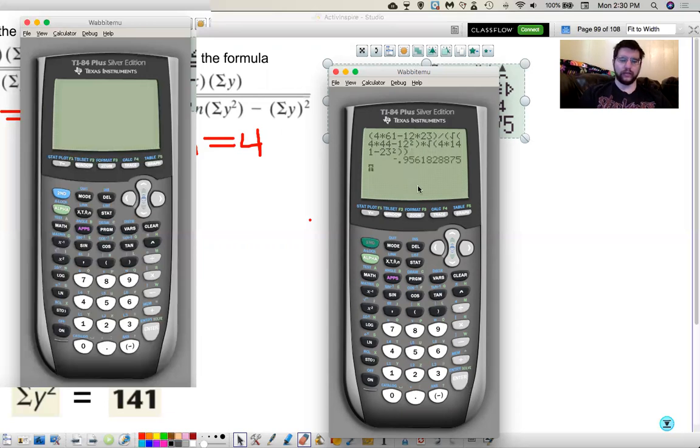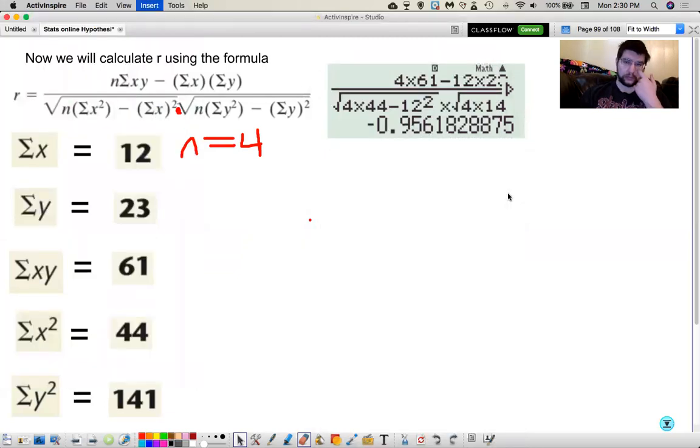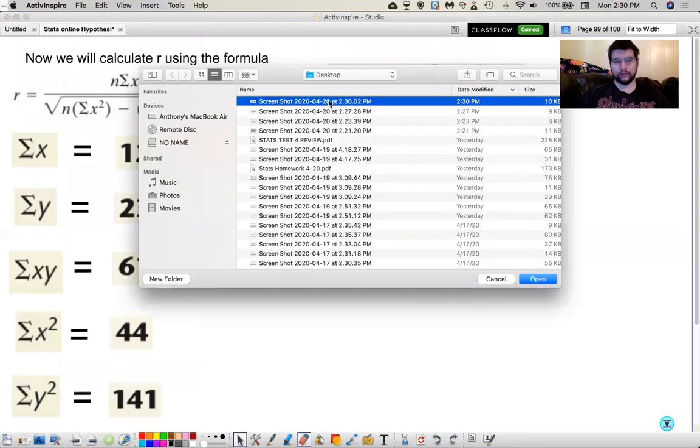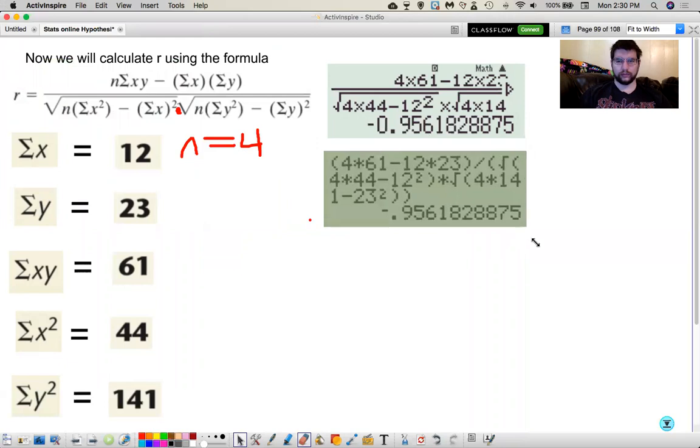We get the same thing. Just be careful with your parentheses and it'll be fine. And of course, if you want to, you can just use a Casio if you have to type it in by hand. I don't mind if you have two calculators. Whatever you prefer.